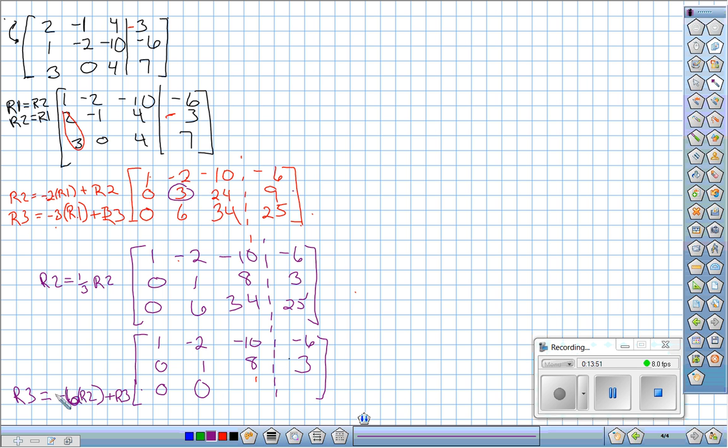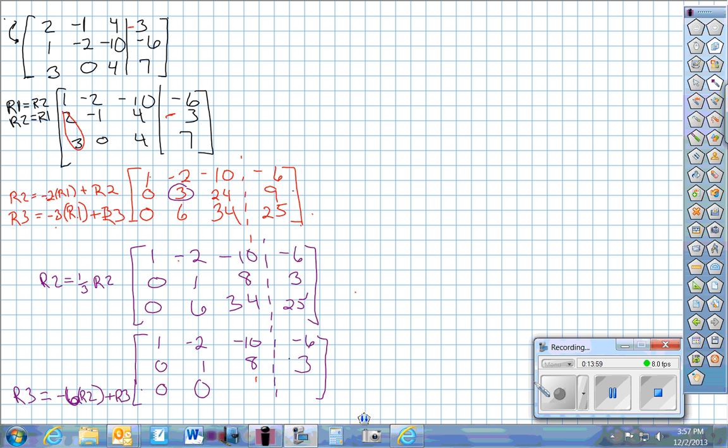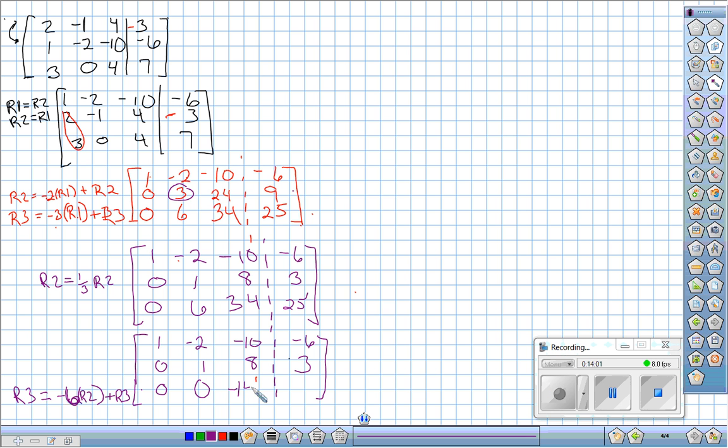Then I have negative 6 times 8, negative 48, plus 34 gives me negative 14. Then I have negative 6 times 3 gives me negative 18, plus 25, and that gives me 7.